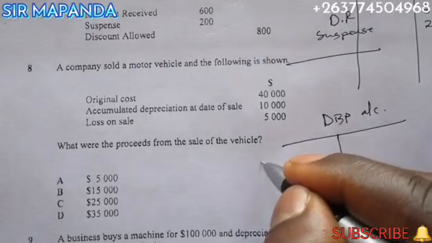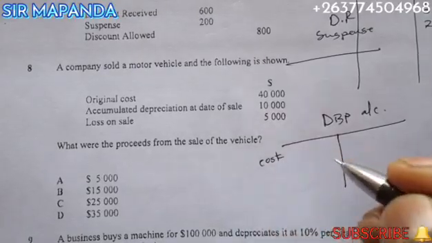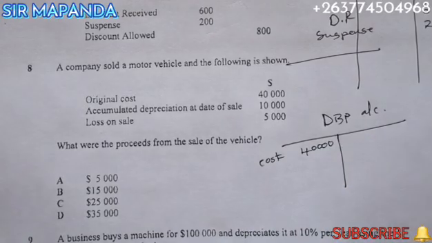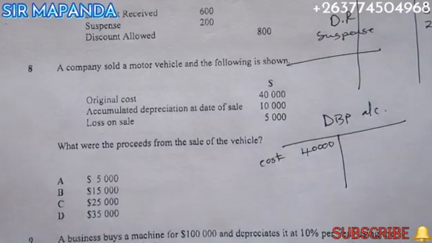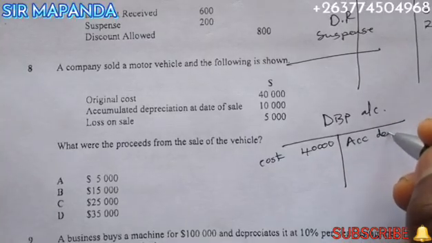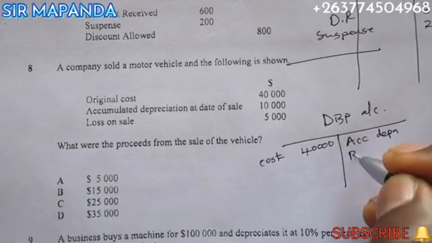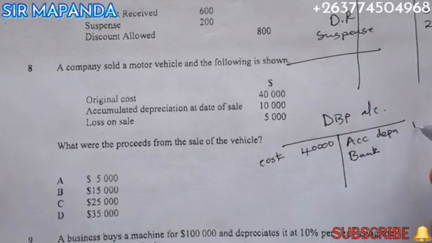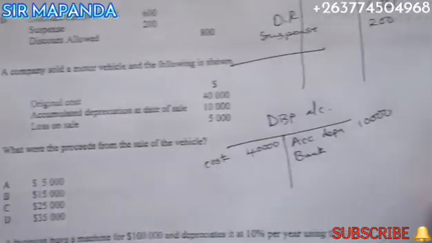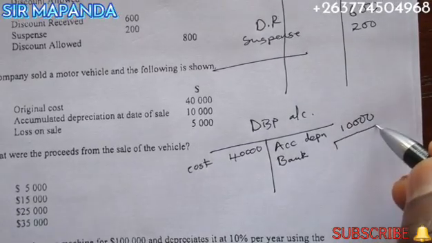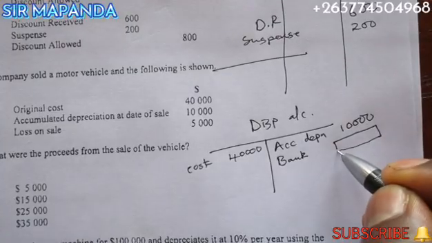So in the disposal account, cost of the vehicle is debited. So I'm going to debit 40,000. I hope you are following. Then accumulated depreciation is credited together with the bank or cash received. So accumulated depreciation is going to be credited by 10,000. Then the bank is unknown, to come out as a balancing figure.